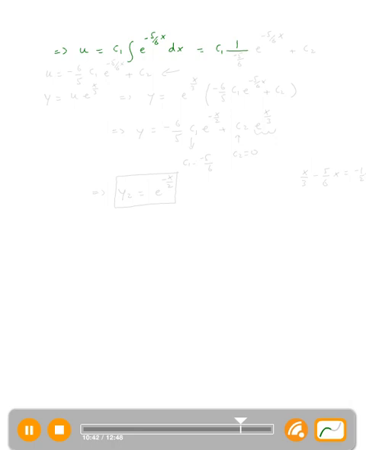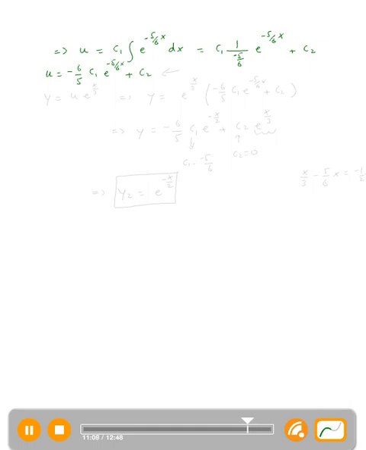It's going to be 1 over negative 5/6 e^(-5x/6) plus some other constant. Now the u is equal to negative 6/5 c1 e^(-5x/6) plus c2.